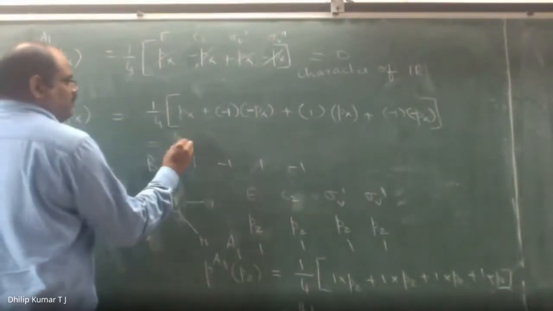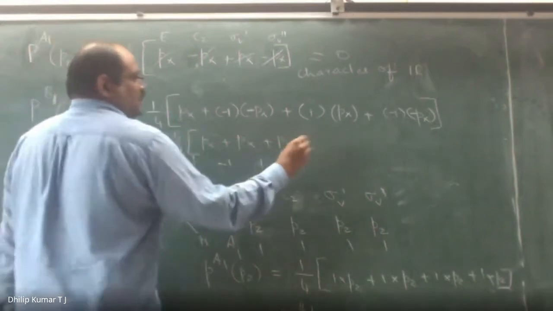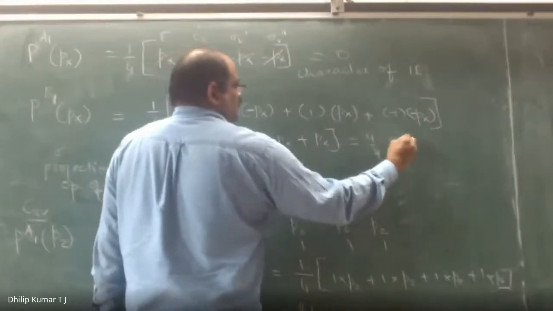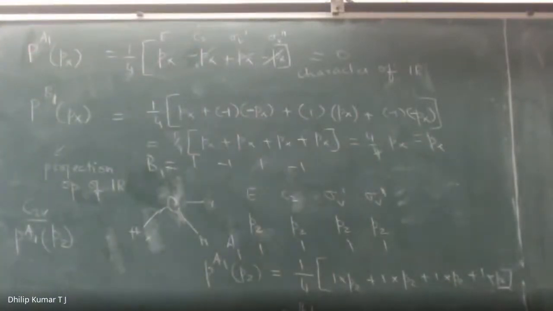So it becomes 1/4 of px plus px plus px plus px, which is 4/4 px. So it becomes px. So if you use the px orbital in B1 symmetry, it just remains. It doesn't get cancelled out. What it means is that B1 symmetry projects out the px orbital itself. Okay, so basically we use this technique to arrive at the symmetry of a given function or vector or combination of orbitals.